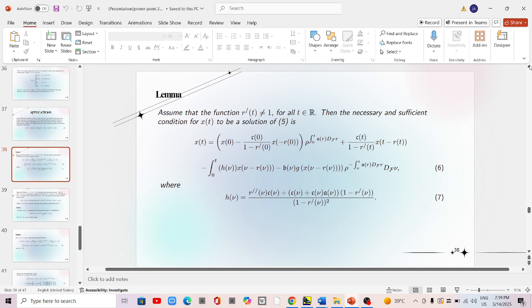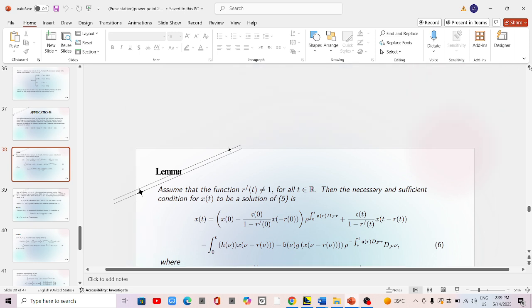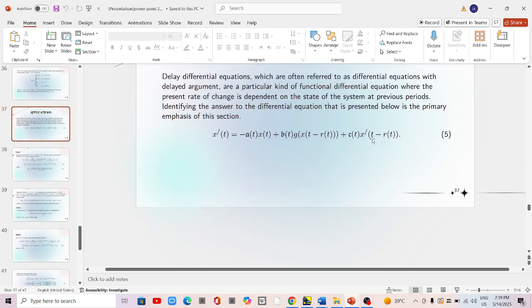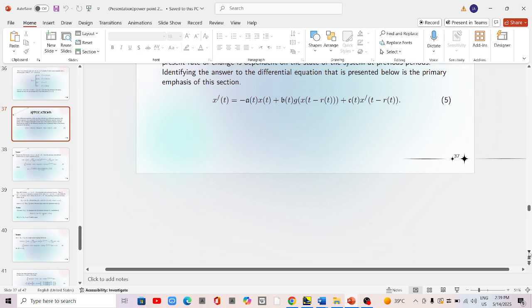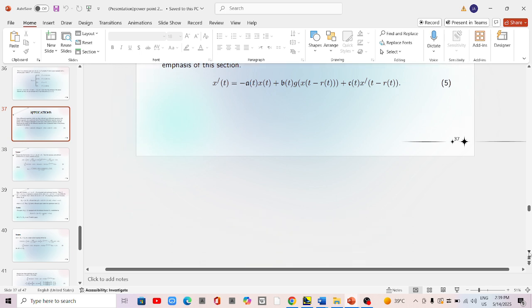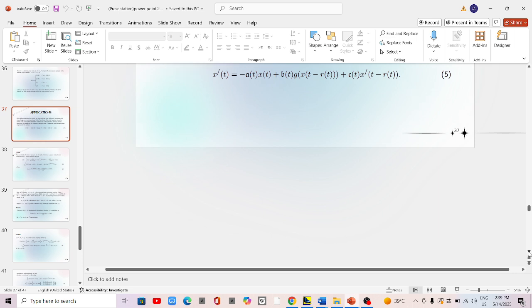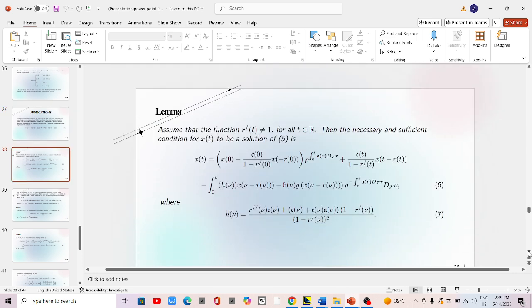If we see the last term here, this x dash of t, t minus r of t, this is a neutral term, so it does not make a problem with the derivative. This shows that the solution is stable.